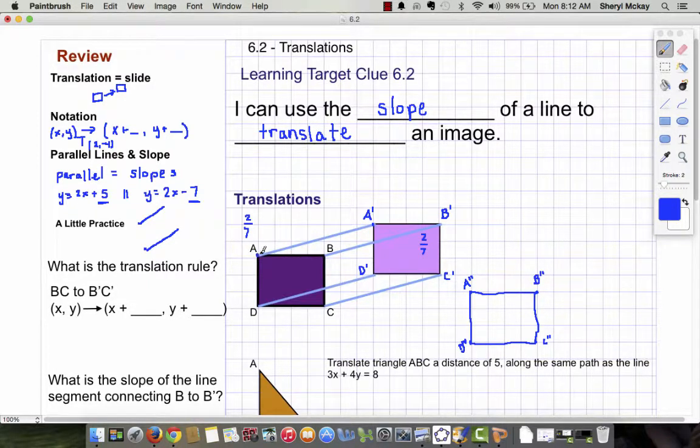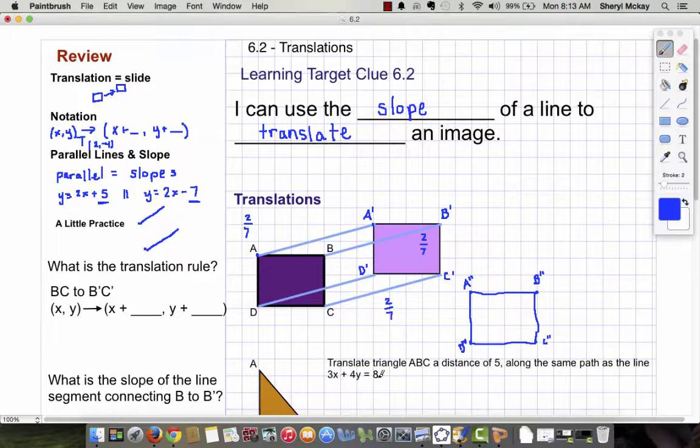These line segments, A to A prime, B to B prime, they look parallel, don't they? It's because they are parallel. Let's look at D and C. Are they parallel? They sure are. Are they parallel to B and A? Yes, they are. And so what must be the slope of D to D prime and C to C prime? Well, it's 2/7.